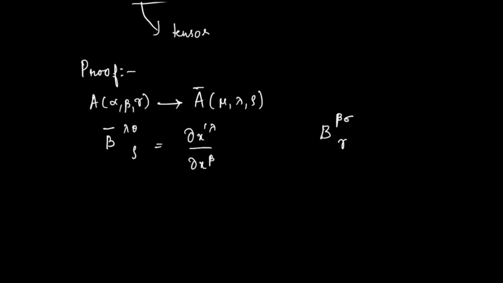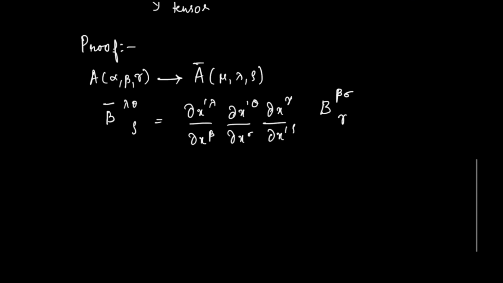Then partial derivative of x prime theta with respect to x sigma, partial derivative of x gamma with respect to x prime rho. So this is the transformation for A and this is the transformation for B.